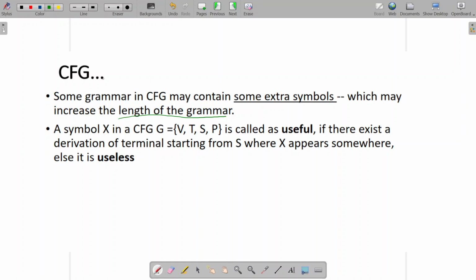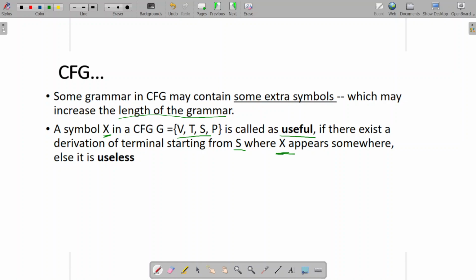Before that, we need to know whether a symbol is useful or useless in the grammar. A symbol X in a CFG defined by grammar G equals the set of non-terminals V, terminals T, the start symbol S and production rules P is called useful if there exists a derivation of a terminal string starting from the start symbol S where X appears somewhere while generating the terminal symbols from the starting symbol.